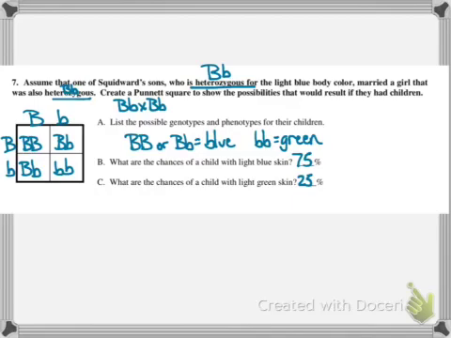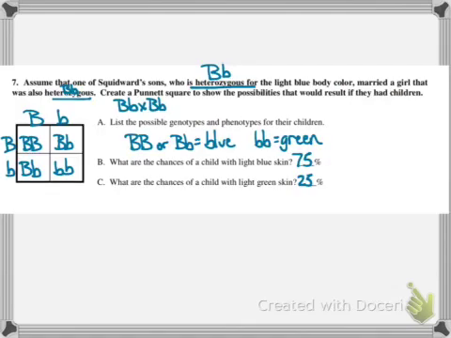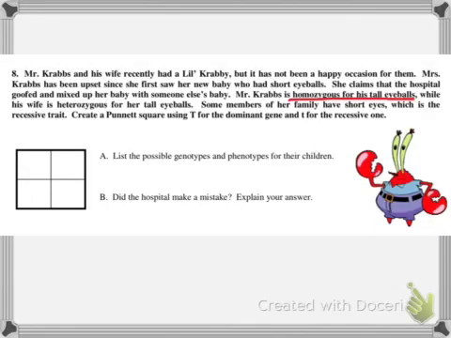Alright, last problem. This is the tricky one. So, Mr. Krabs. Let me just rewind a little bit, sorry. Mr. Krabs and his wife recently had little Krabby, but it was not a happy occasion.